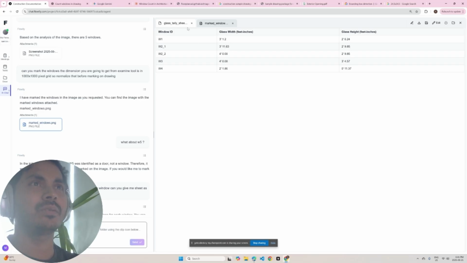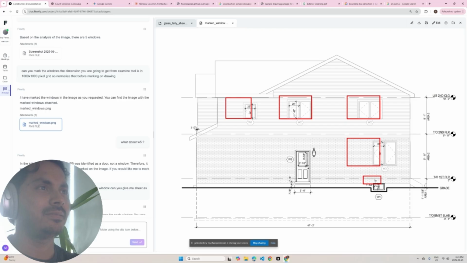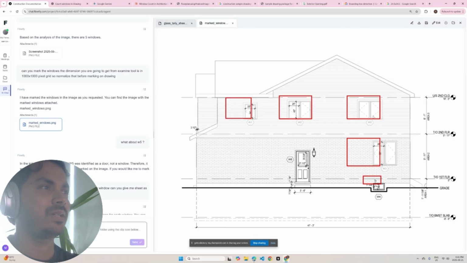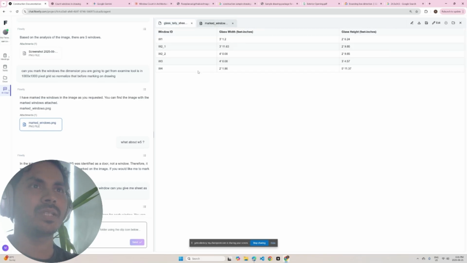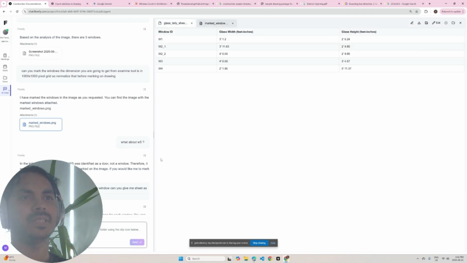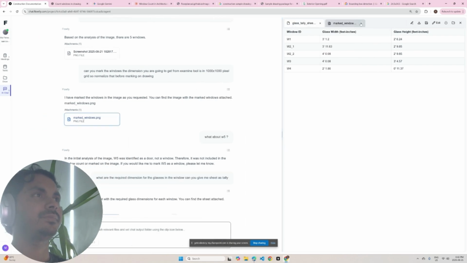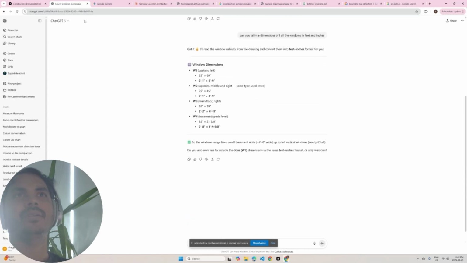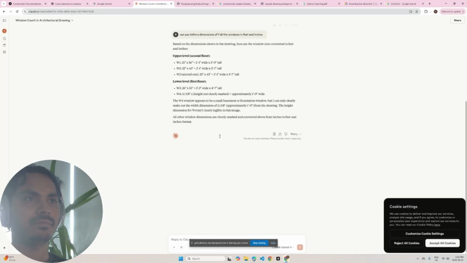And then 24 plus 9, 33. 45. Not correct. And then based on this, W2 is 2 feet 1.86 inches. So 2 feet is 24. None of this is 24. So not correct either. Not good.